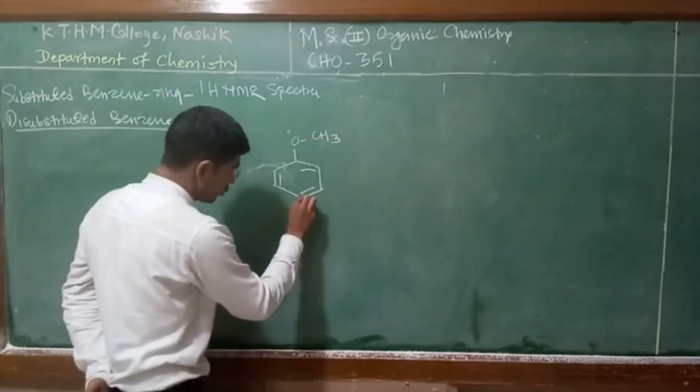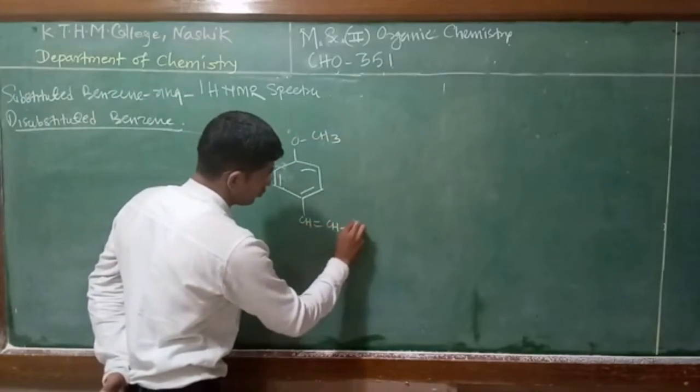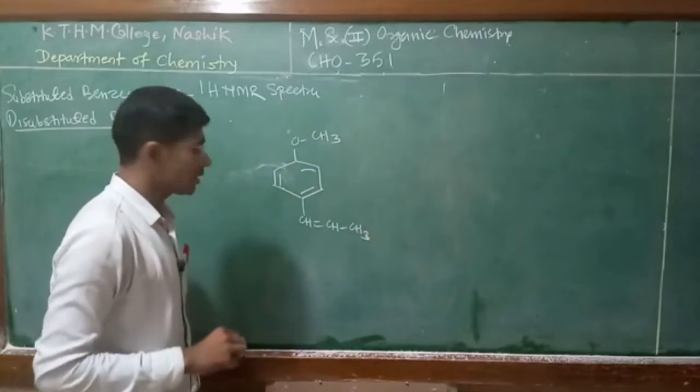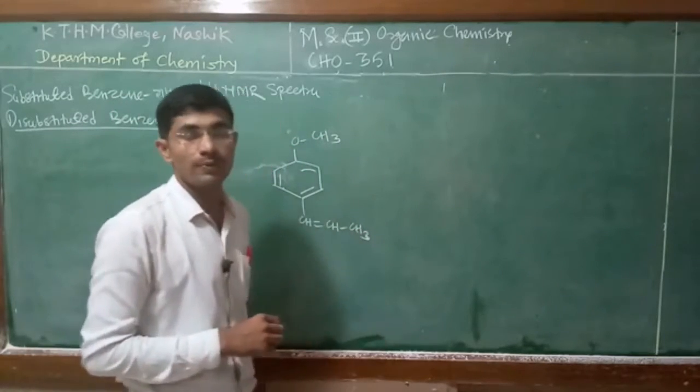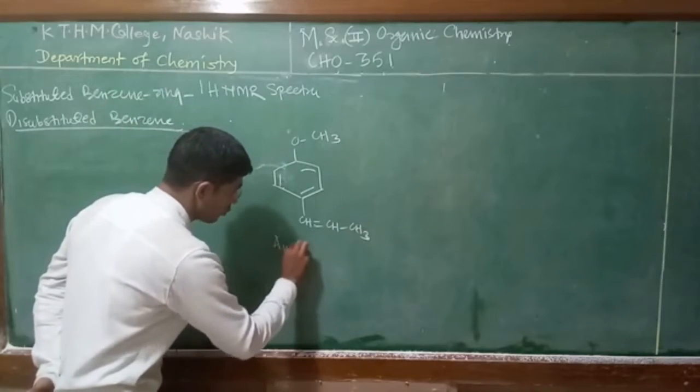We take two groups in a para disubstitution pattern: methoxy, and one is the propionyl group at the para position. This compound has the name anethole.